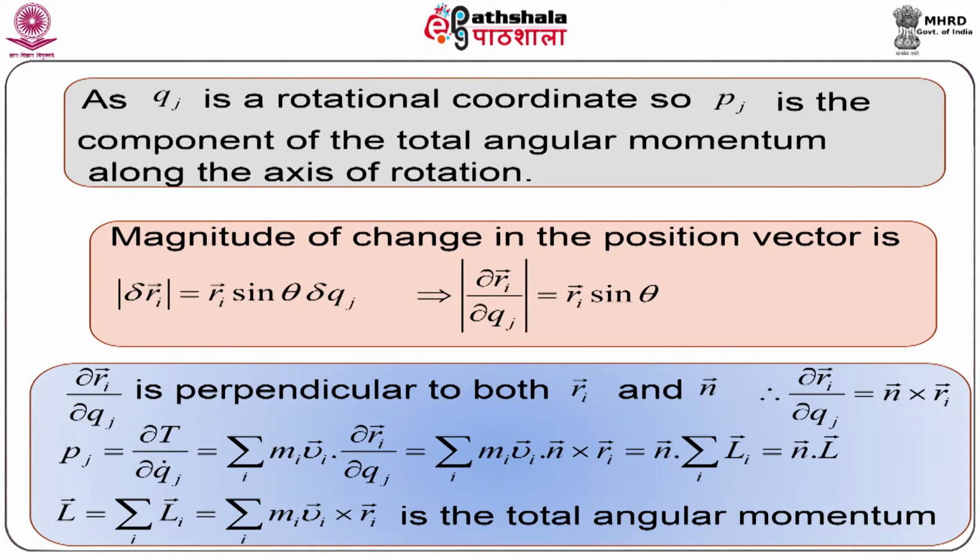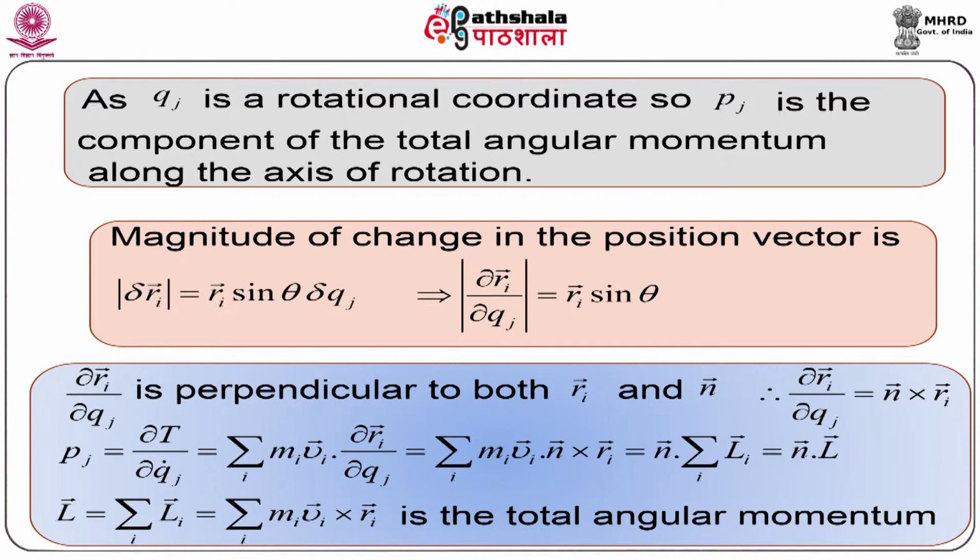Therefore, L vector equals summation over i mi Vi cross Ri. We have already mentioned that L is the angular momentum vector, which is nothing but the moment of linear momentum. Here mi Vi is the linear momentum. Therefore, L is the total angular momentum along the axis of rotation.